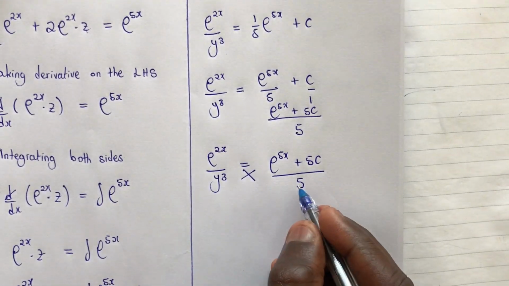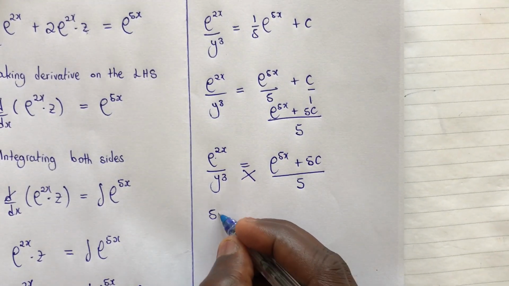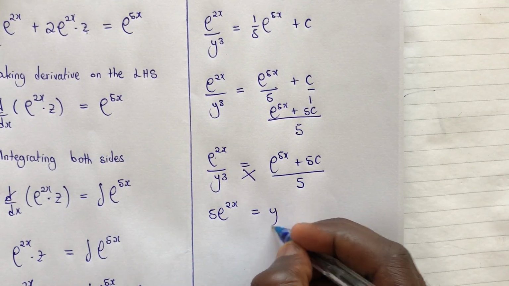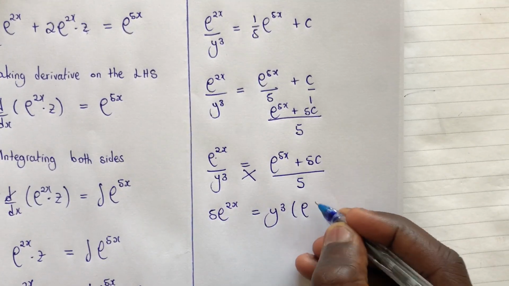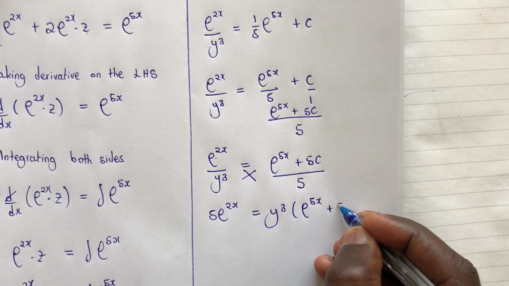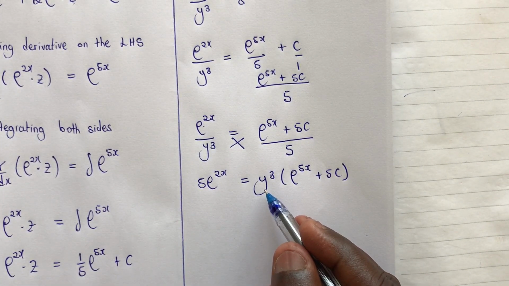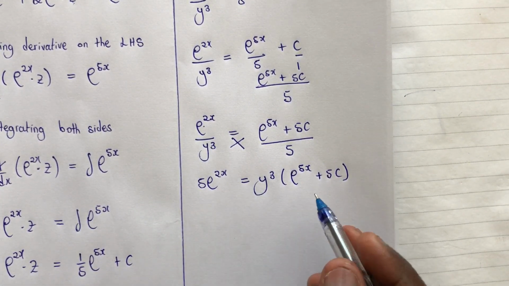So now this times this, we have 5e^(2x) equal to y to the power 3 times e^(5x) plus 5c. I want to make y cubed the subject, so I'll divide through by this.